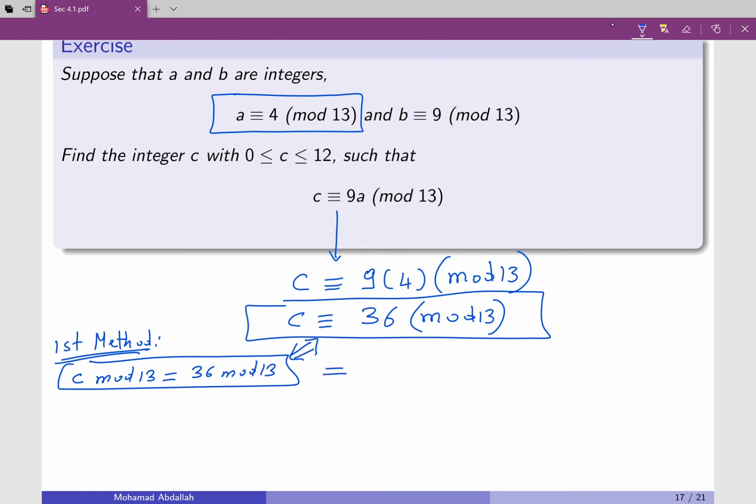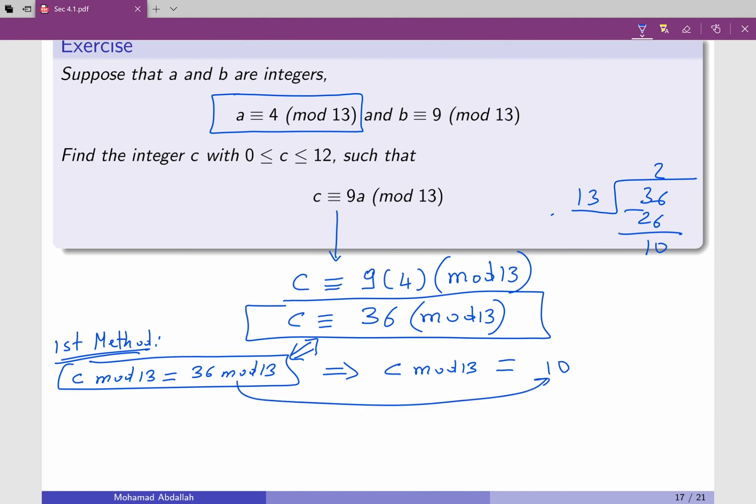So basically, I want C mod 13. I know that if I divide 36 by 13, my quotient is 2 and my remainder is 10. So 2 times 13 is 26, subtract, you get 10, and then you stop here. So this is equal to 10.